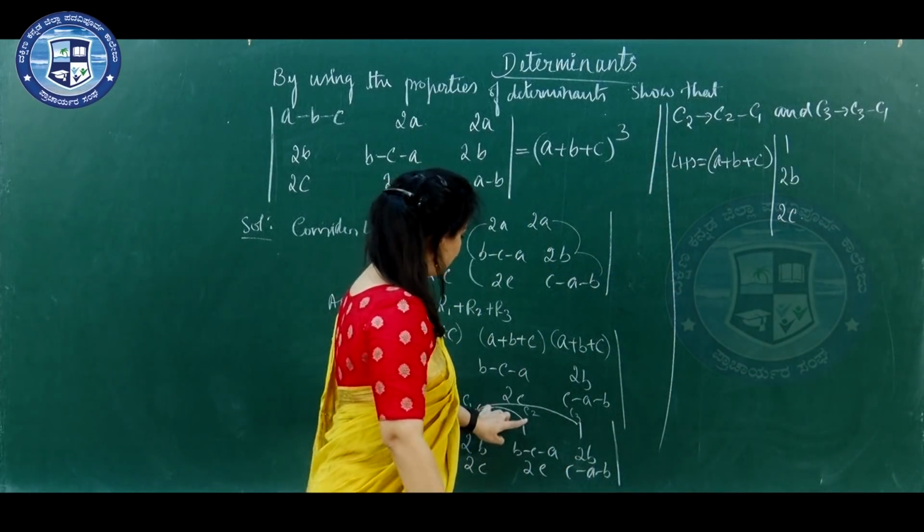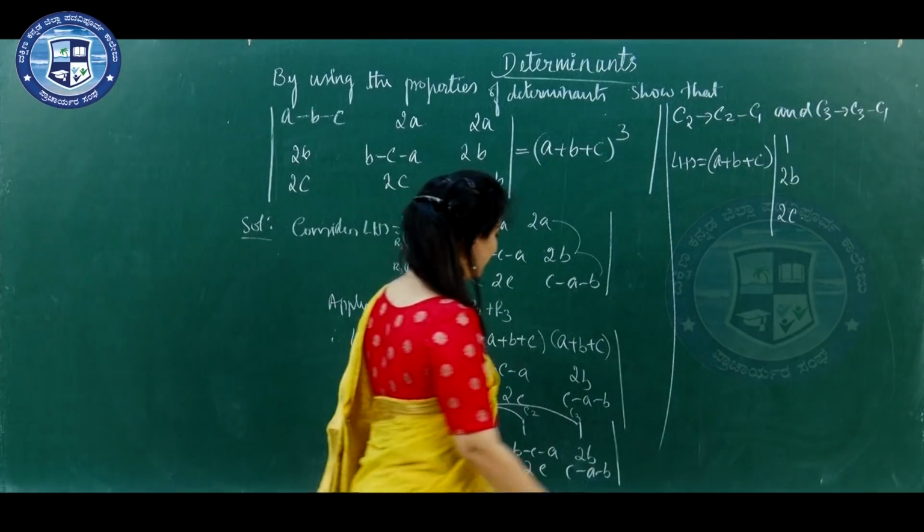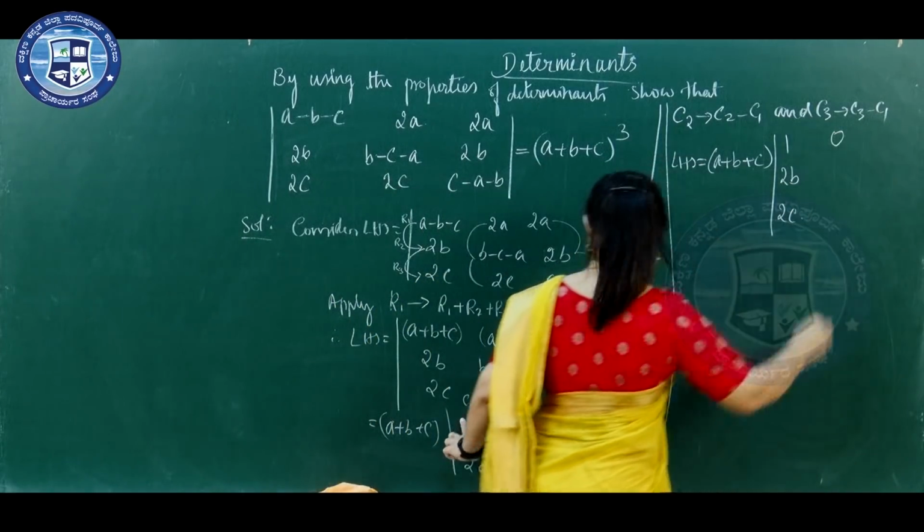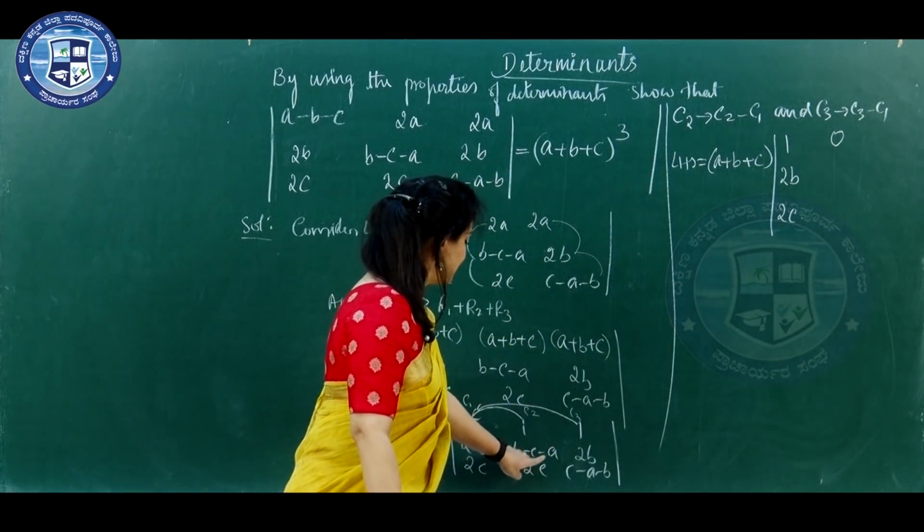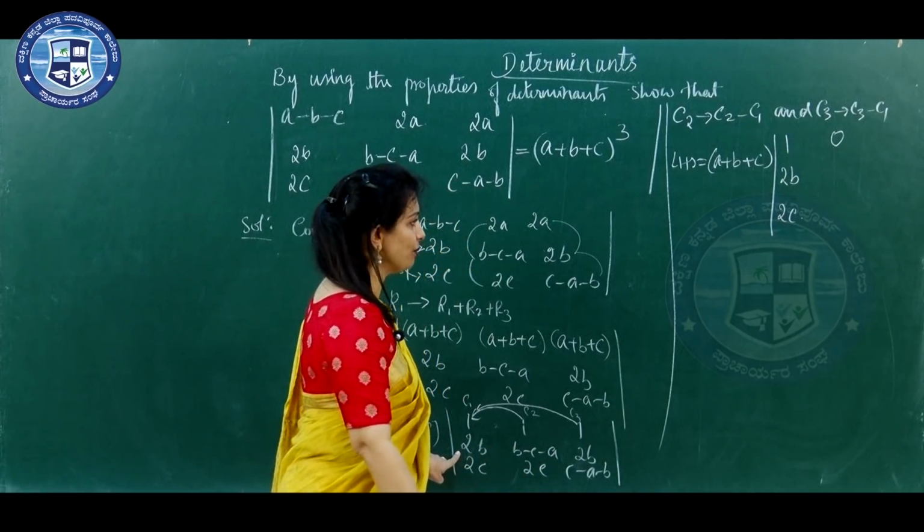And now C2 minus C1, 1 minus 1, 0. Then B minus C minus A minus 2B is how much?